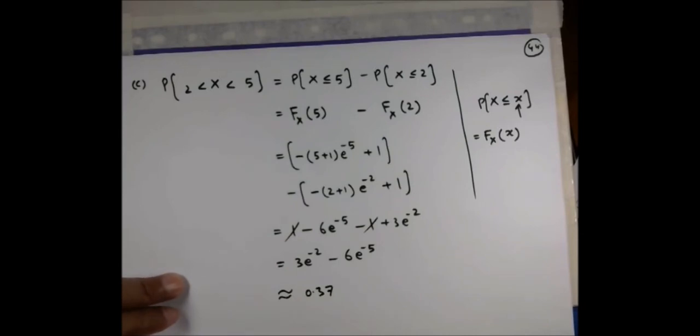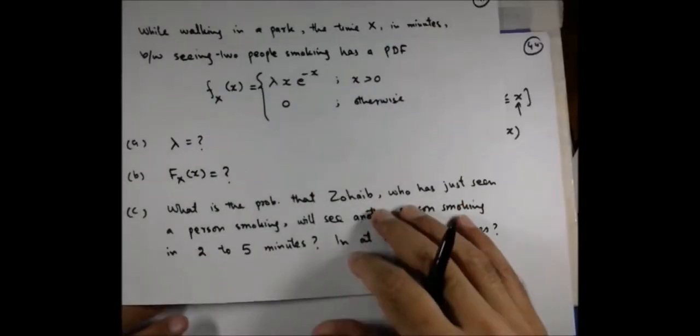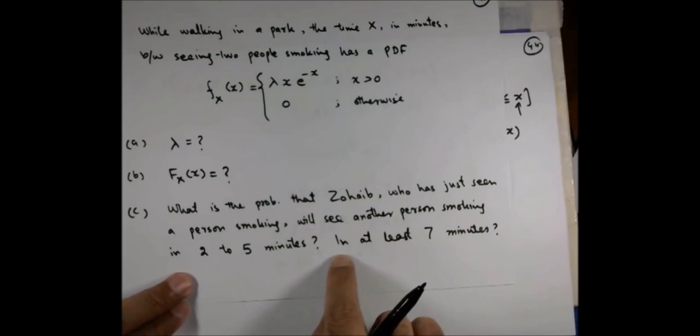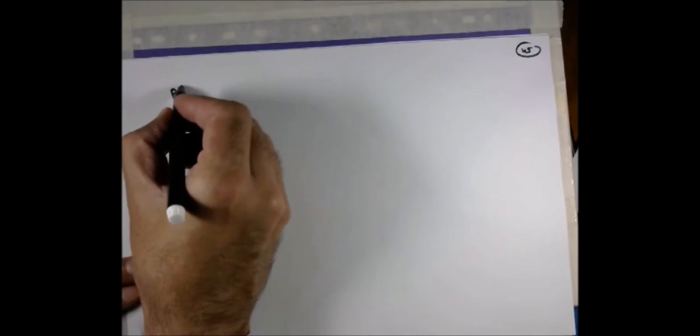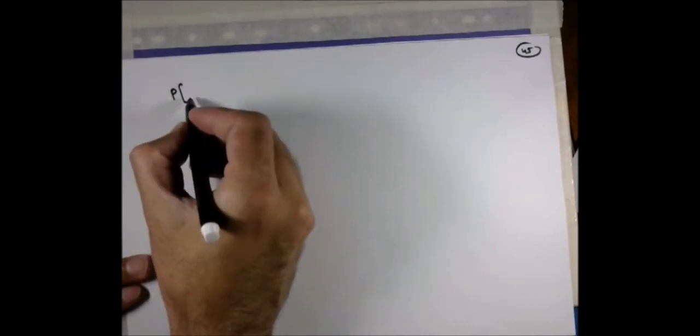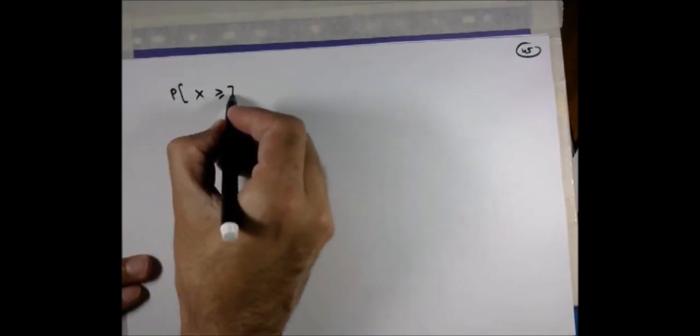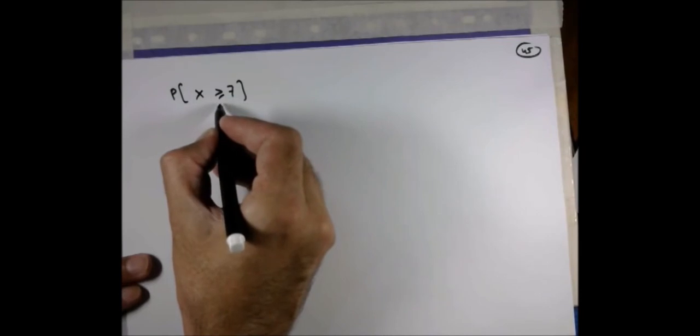And what about the other part of this problem? To find the probability of another person being seen by Zohaib in at least 7 minutes. So I'll solve this part as well. We are interested now in probability that x is greater than or equal to 7, which means at least in 7 minutes.